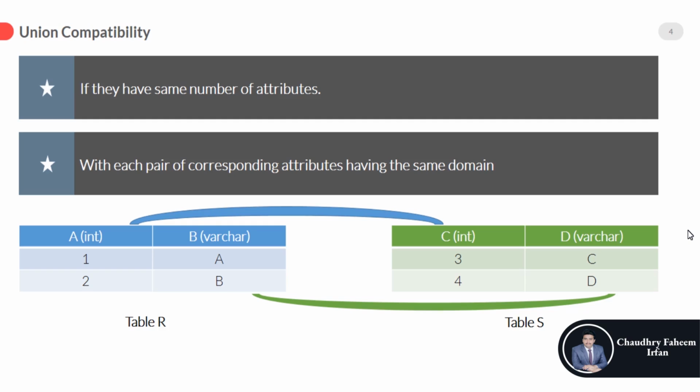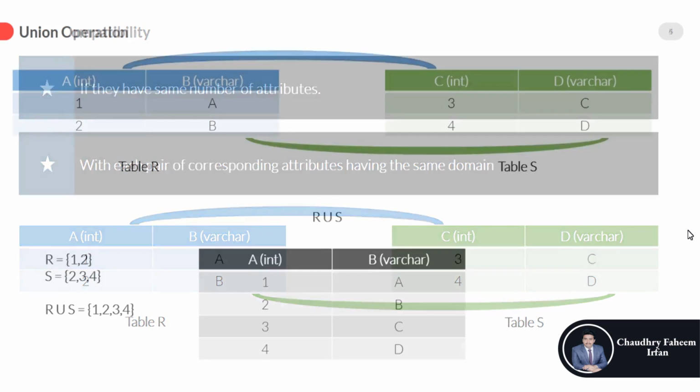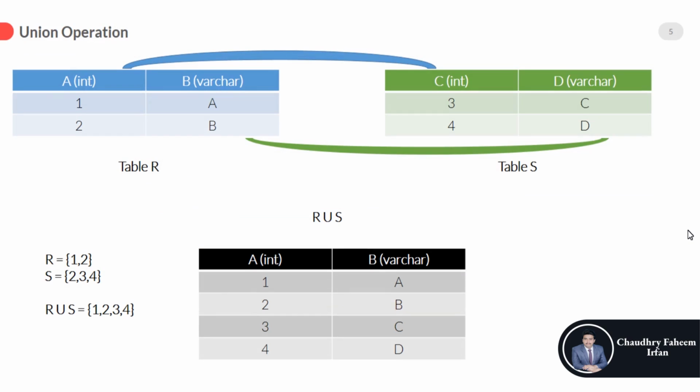That is, if they have the same number of attributes with each pair of corresponding attributes having the same domain or data type. In other words, the relations must be union compatible. So what will be the result? The result is R union S: 1, 2, 3, 4.